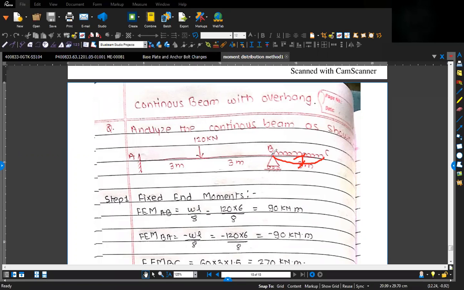To avoid this sagging, support B has to create an equal and opposite moment, so that this B joint will be stable. Just recall your engineering mechanics concepts from first year.